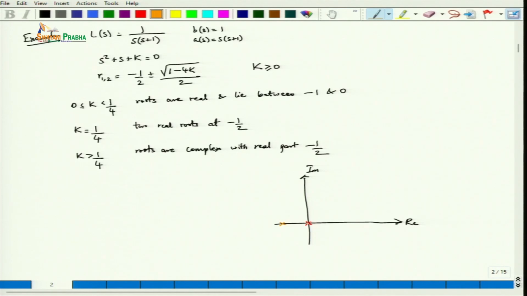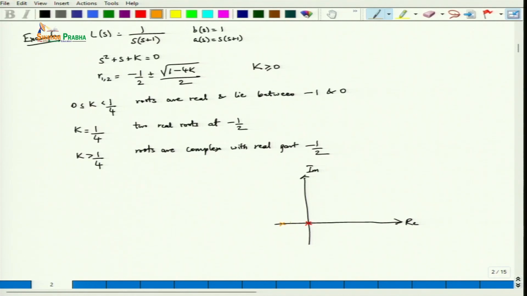And what you will see is as we go on increasing the value of k, when k is equal to 0, the poles lie at the poles of this L of s.